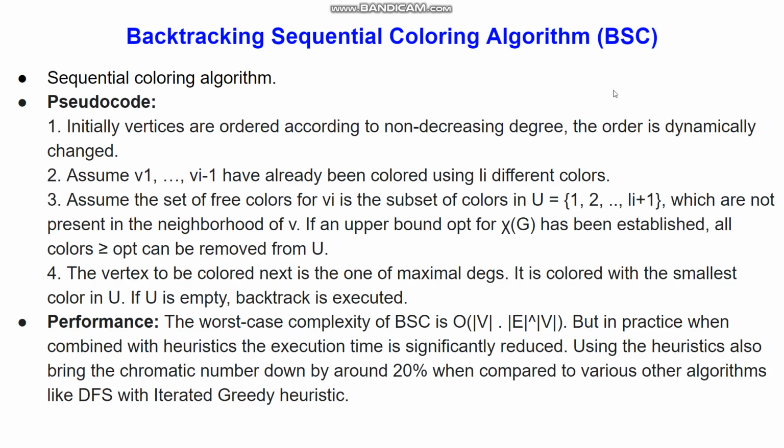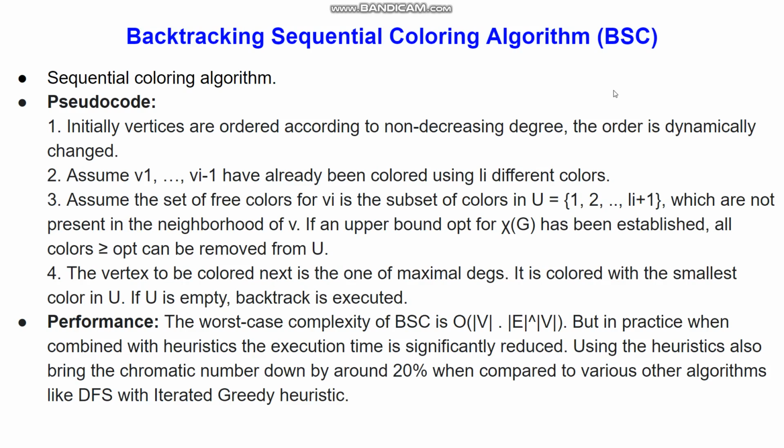Okay, now coming to the pseudocode of the algorithm. Initially, we arrange the vertices in a particular order, and then we choose the first vertex in the list and color it with the smallest valid color. So we will also have an ordering of the colors, right? We choose the smallest valid color and update the color set of its neighbors, because those neighbors cannot be colored with the same color. That's the constraint of the graph coloring problem.